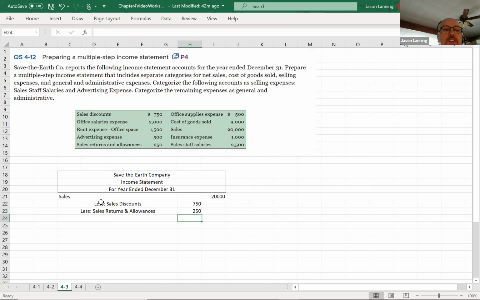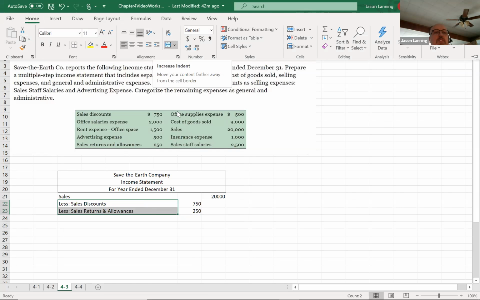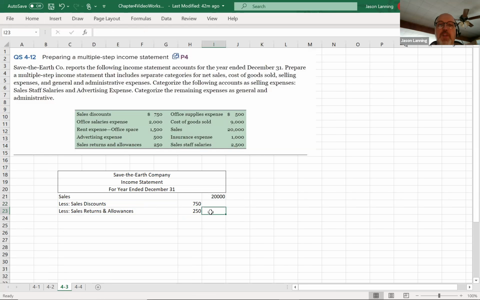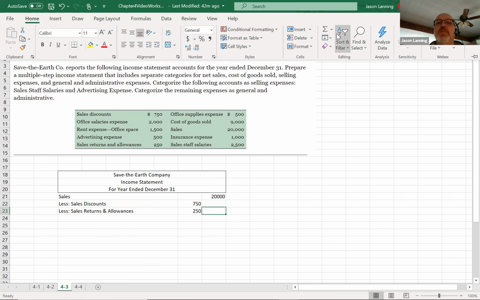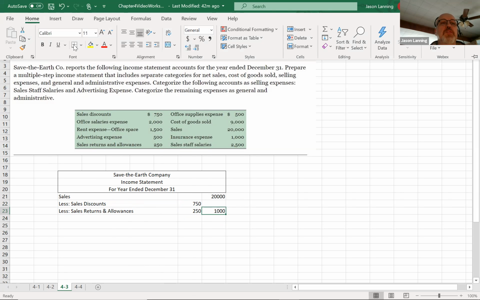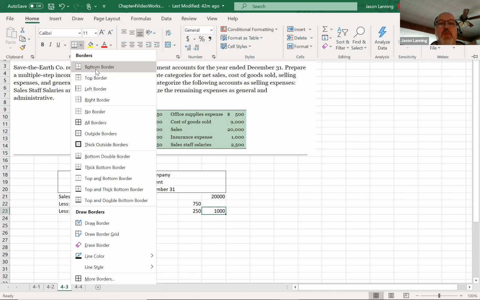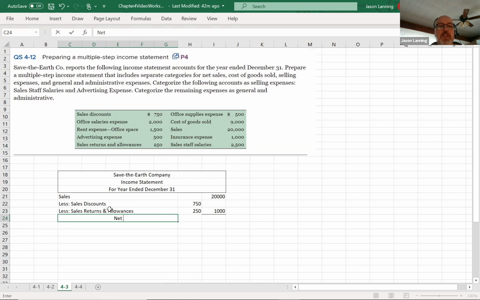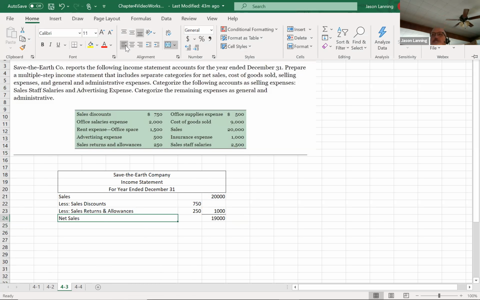So we're looking at essentially having $1,000 here, the sum of these two. Then our net sales will go below this, so we'll underline here, bottom border. And this would be net sales. So basically we're looking at our sales minus our returns, discounts, and allowances. So we're looking at net sales in this instance of $19,000.